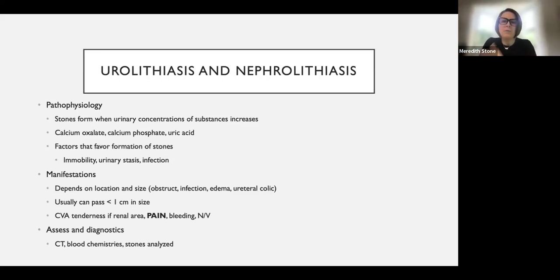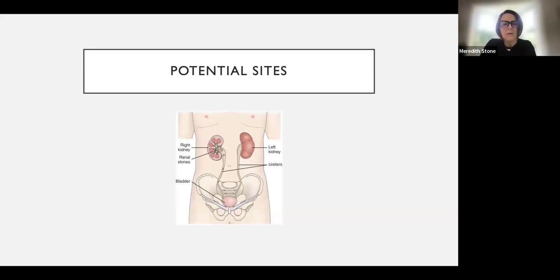Gout, hyperuricemia, high amounts of uric acid in the urine or in the blood, to help us determine what type of stone it is. And then after you pass the stone, whatever type it is, you want to know what it is, right? Because if you know what type of stone it is, you can make further recommendations for diet changes, etc.